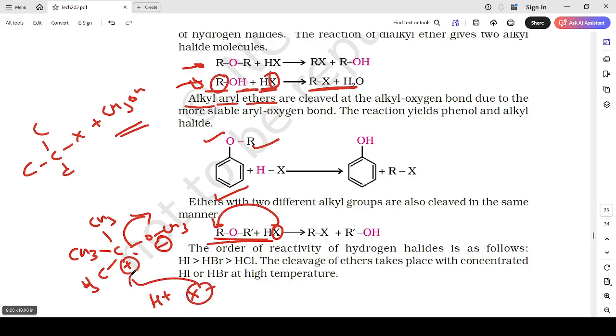The positive will be attacked by X minus and the negative will be attacked by H plus. Please make a note of it. Two important questions. When you have aryl alkyl ether plus HX, you will not break the aryl oxygen bond, which is stable. You have an unsymmetrical ether and you are treating it with HX. If you can form a stable carbonium ion, make it and attack the X minus there.